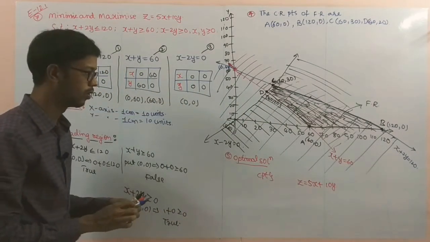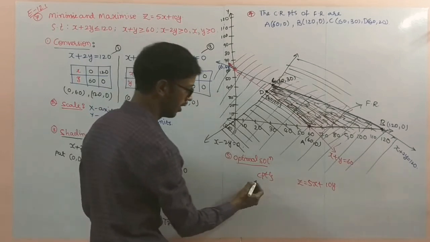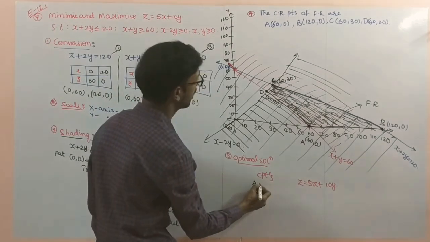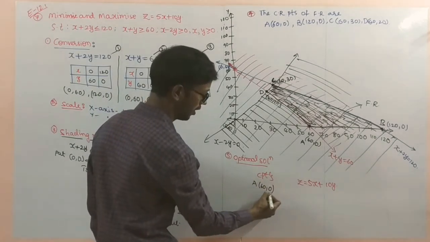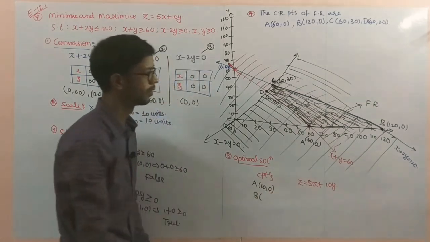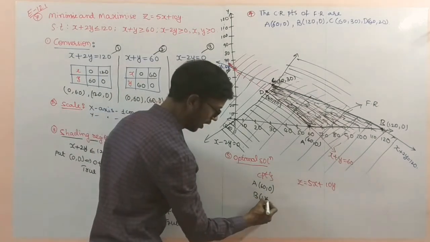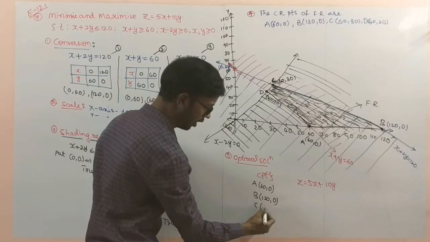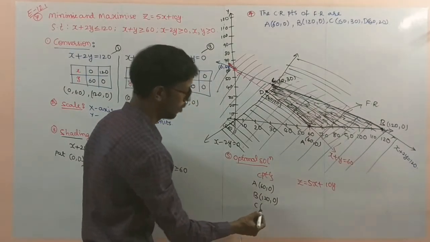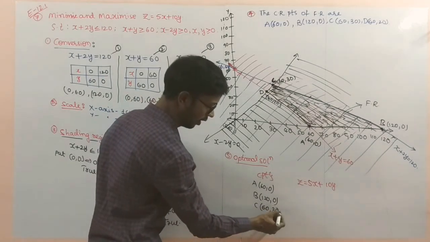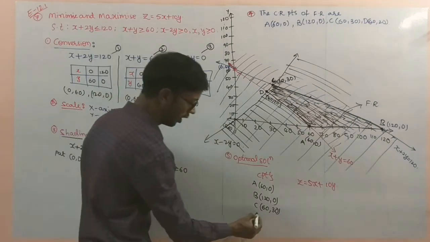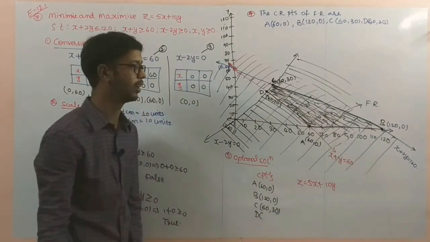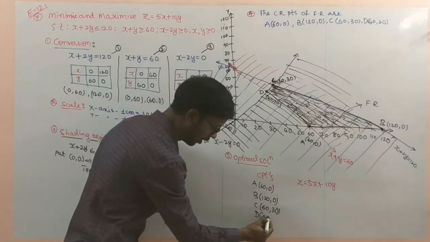So now you have to substitute the corner points here. What are the corner points? Corner point A is 60, 0. B is 120, 0. C point is 60, 30. Next, D point is 40, 20.